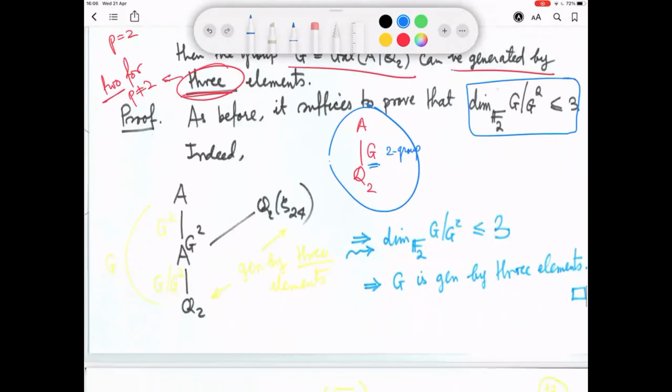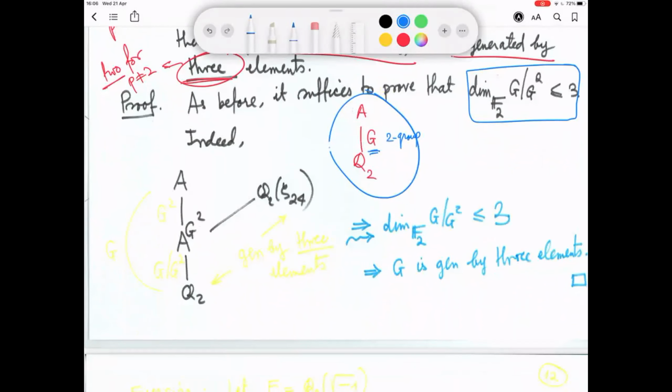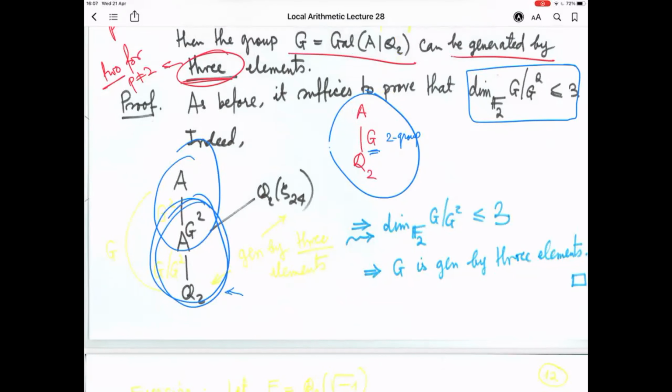You have this extension, and the Galois group of this AG2 over Q2 is equal to G modulo G squared.